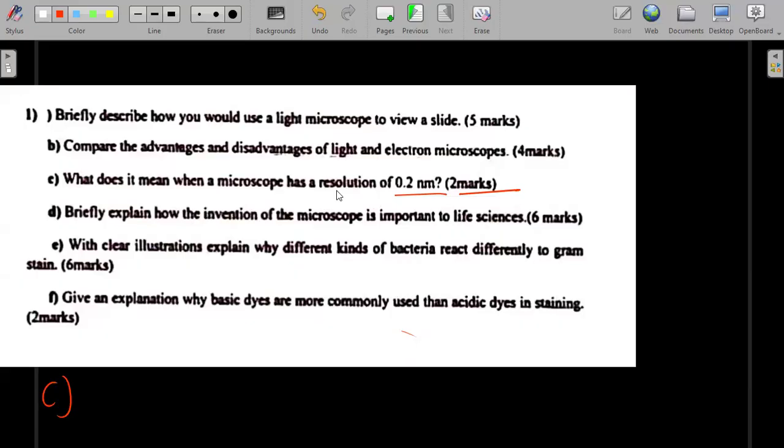So what does it mean when a microscope has this small resolution of 0.2 nanometer? How can you get your 2 marks here?